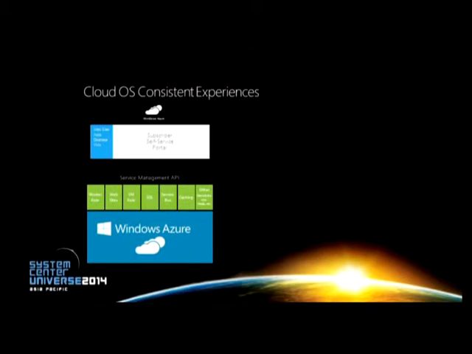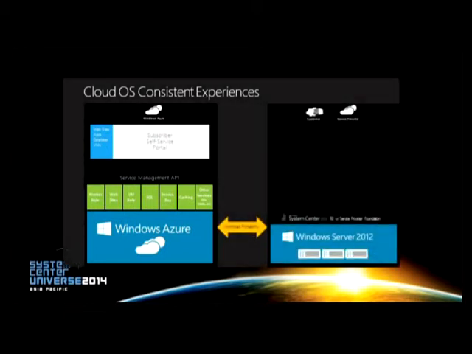So this consistent experience: if you look at the Windows Azure side, it basically has the underlying Azure platform with all these different services on top of it. Services like worker role, the web role, the VM role, SQL, a service bus, all these different things. We've been able to create that on premises using Windows Azure Pack.